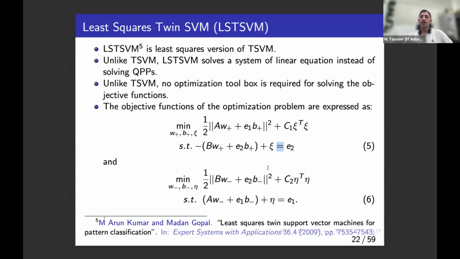People looking for a fast algorithm could use this one. It is extremely fast, even faster than twin SVM. But if you go for solving the problem and want to calculate W1, B1, we again need to calculate the inverse of the matrices. So those issues again will come, right?